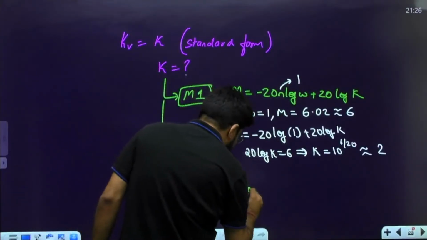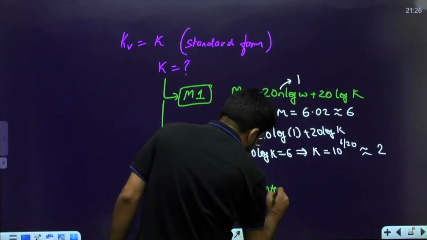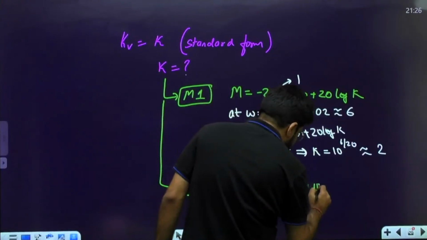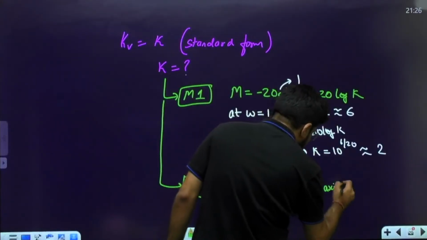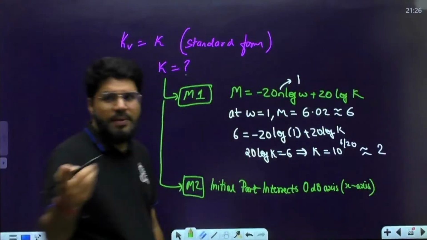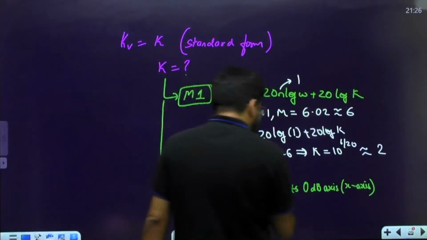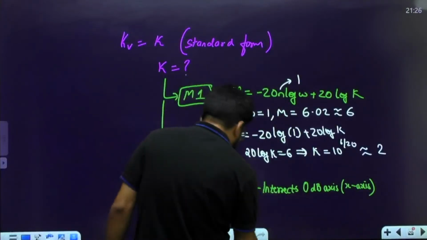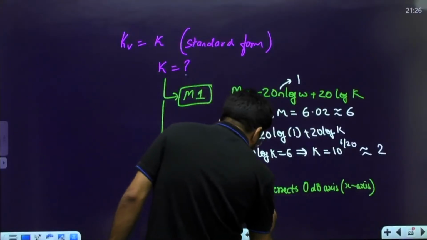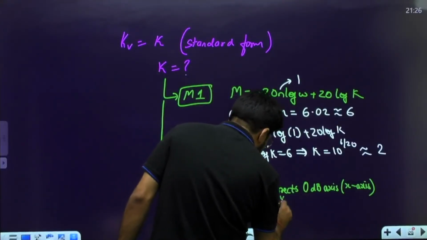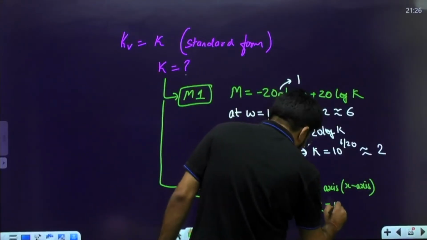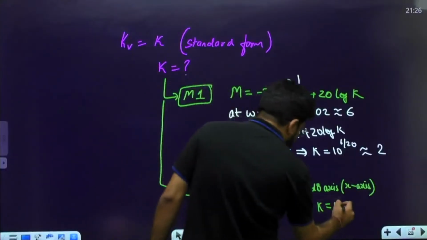I say that the initial part intersects the 0 dB axis. 0 dB means the x axis, where magnitude is 0. The initial part intersects the 0 dB axis at the frequency omega which is k power 1 by n. Or we can say that k will be equal to omega power n.